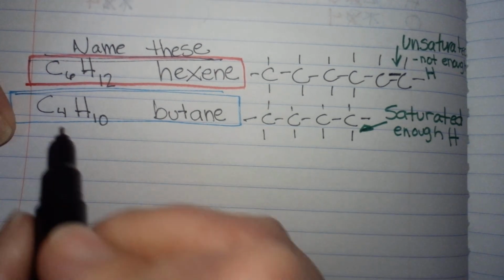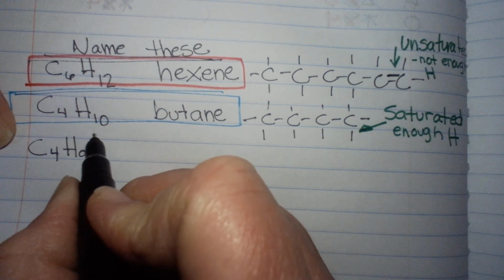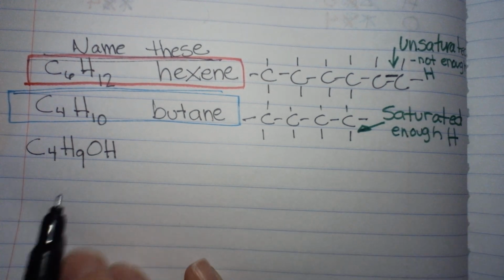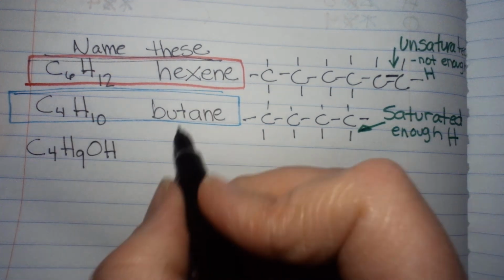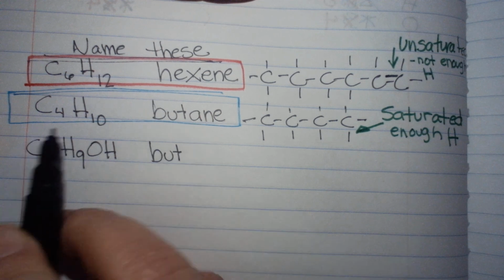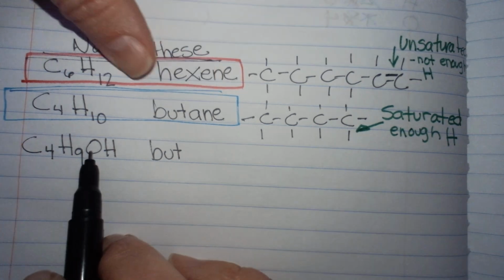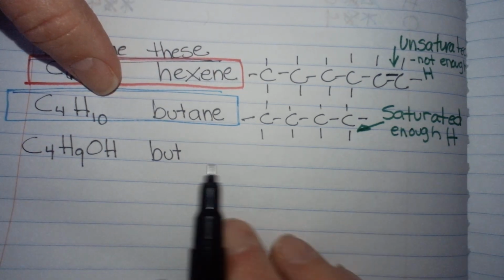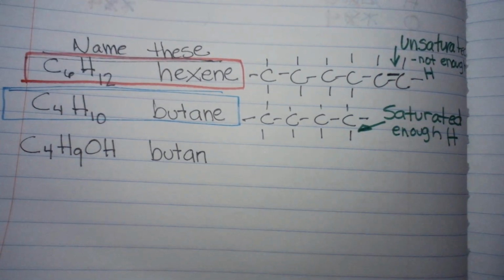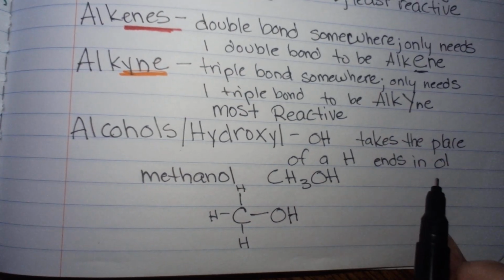Alright, same concept here. Alright, one more example and then I will stop talking, I promise. Let's do a hard one. C4H9OH. So we'll bring in that alcohol concept. Well, now conveniently, we know that we're going to start with but. And I'm suspicious that we're probably going to have an ane. So let's go ahead, because we had 10 here and they all fit. So one of them got replaced with this OH group. So I have butane, but this is an OH group. So what did we say? Alcohol is a hydroxyl, and OH takes the place of an H and ends in OL.